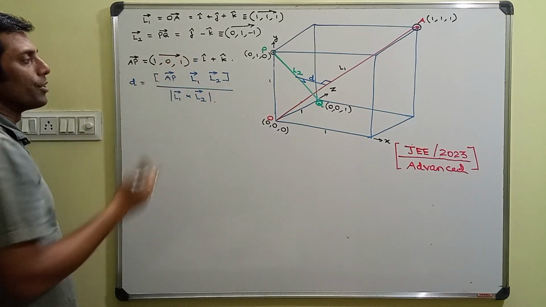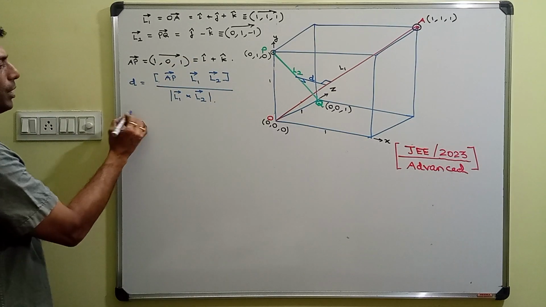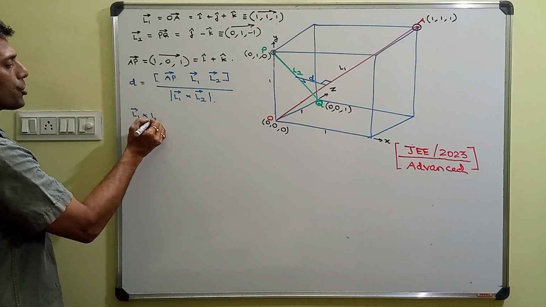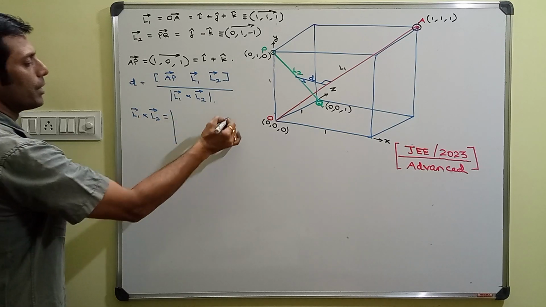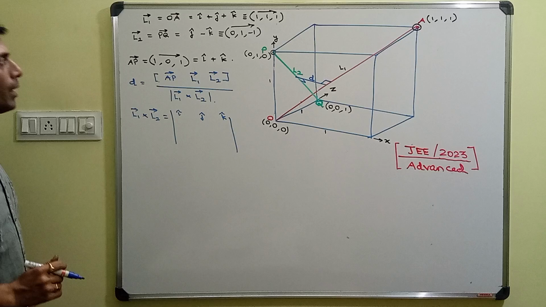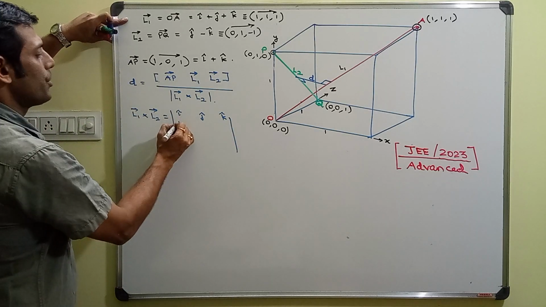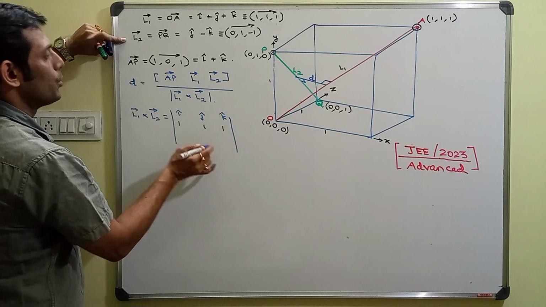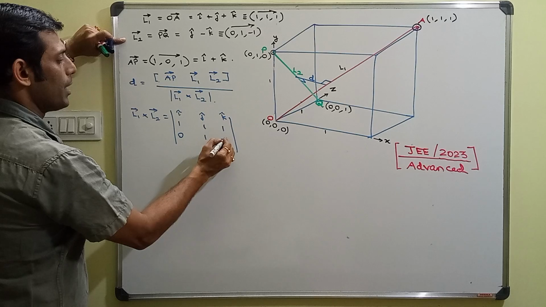Now let's calculate these separately. So your L1 vector cross L2 vector can be written as the determinant of i cap, j cap, k cap, L1 direction ratios 1, 1 and 1, L2 direction ratios 0, 1 and minus 1.